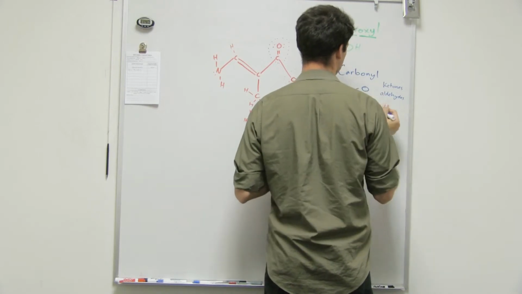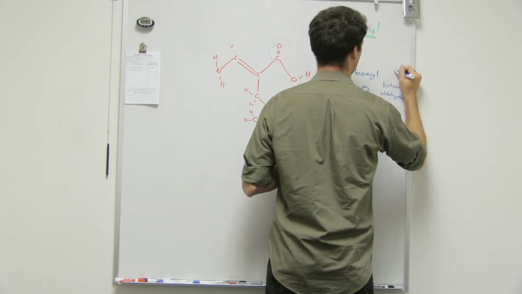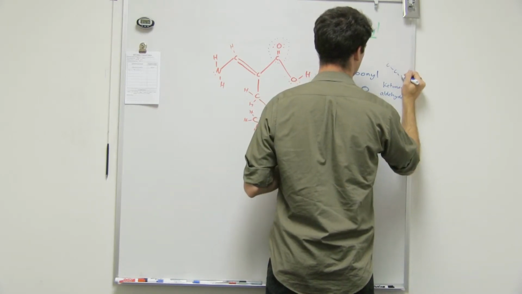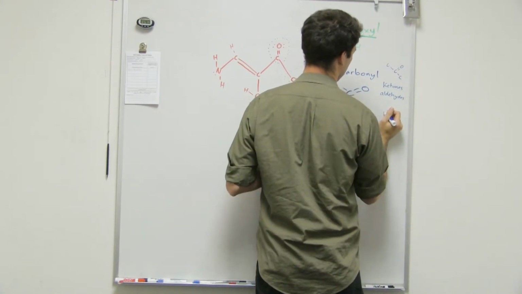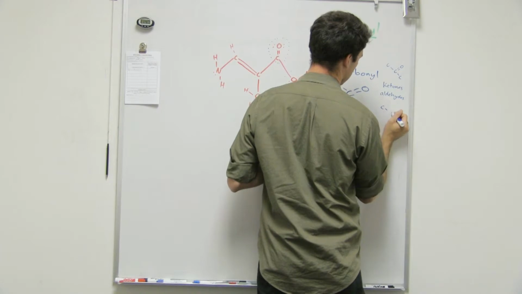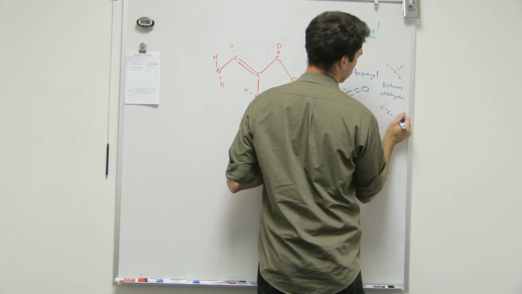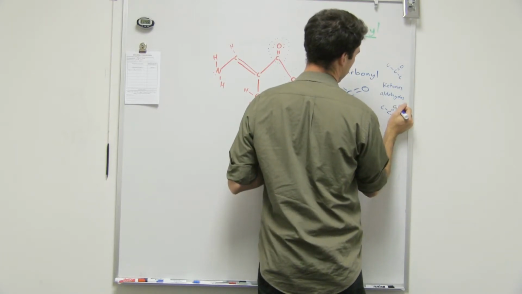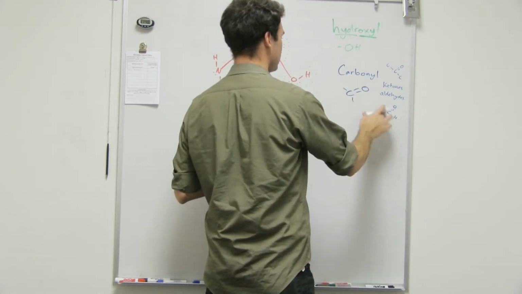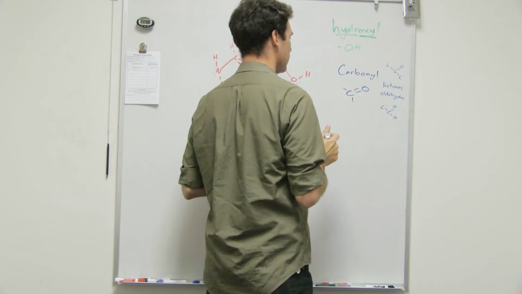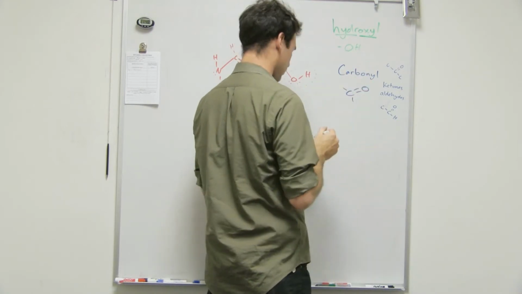Ketones are when you have a carbon usually attached to a carbon and an oxygen right there. An aldehyde is when you have a carbon attached to a carbon attached to a hydrogen right there. So when you have an H attached to that same carbon, overall it's a carbonyl.